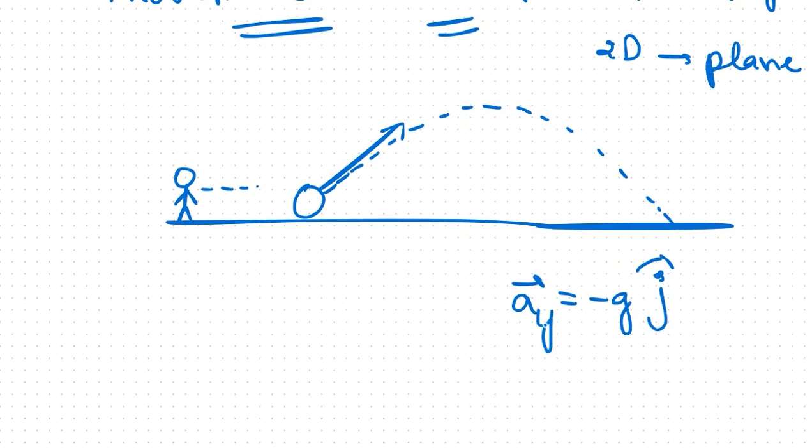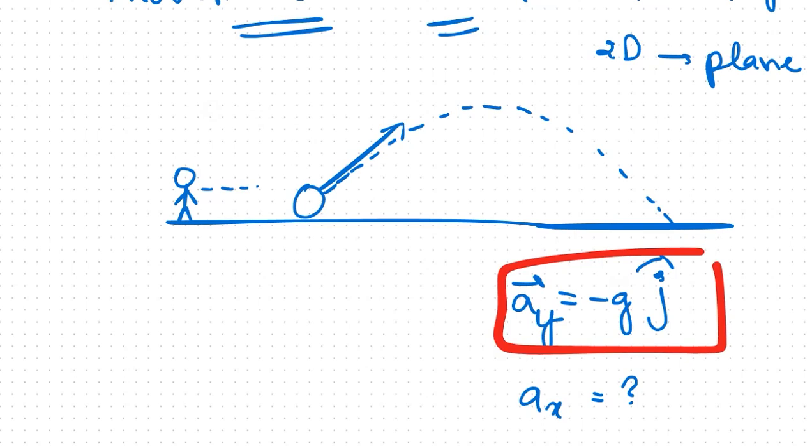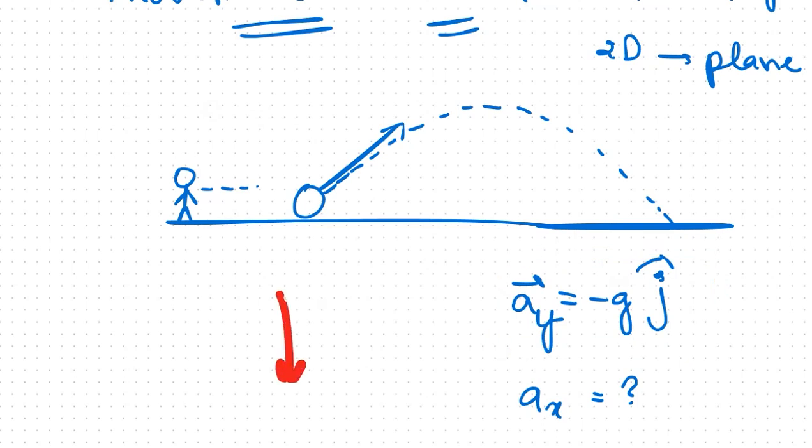This is along the y direction, right? Can you tell me what is the acceleration along x? Do you see any acceleration? Well, gravity is only acting along the y direction.